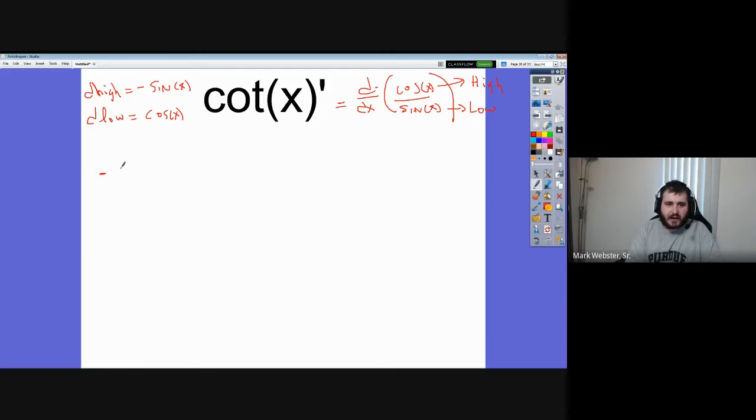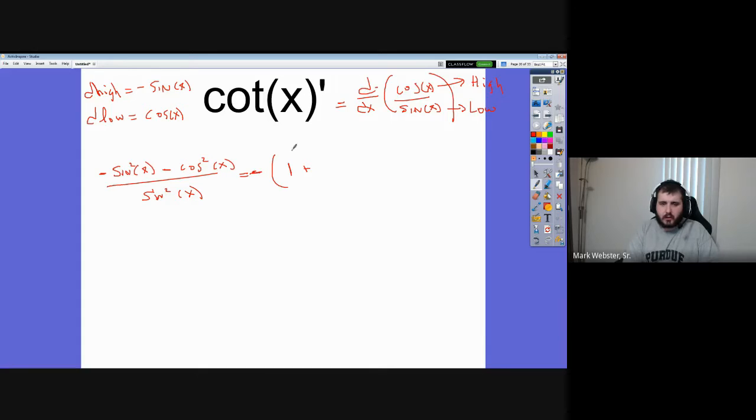Low d high minus high d low over low squared. So once again, now you've got negative sine squared x minus cosine squared x over low squared, sine squared x. So now let's simplify this. I can pull out a negative 1 from the top. And then what do I have? Sine divided by sine is 1. And I pulled it out to the plus.